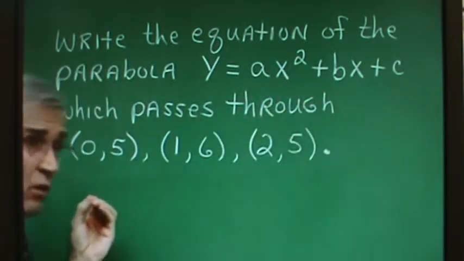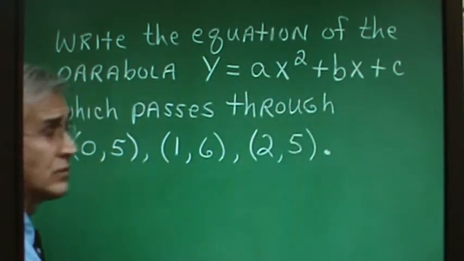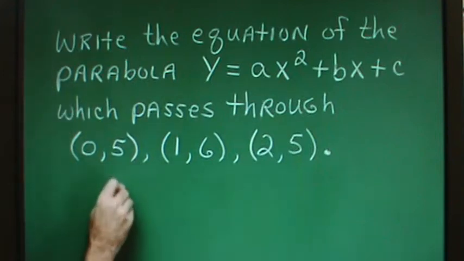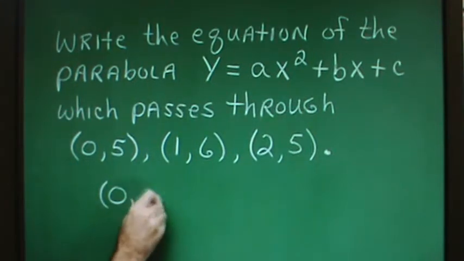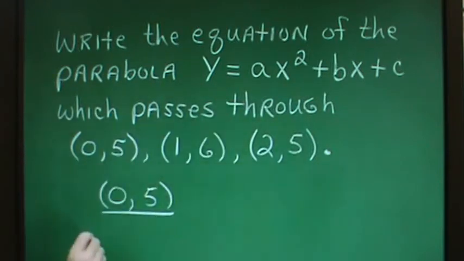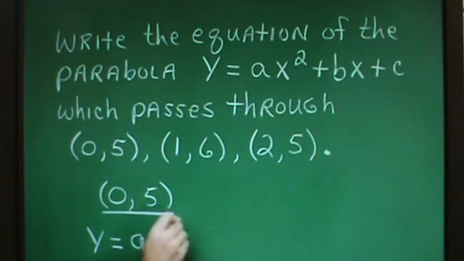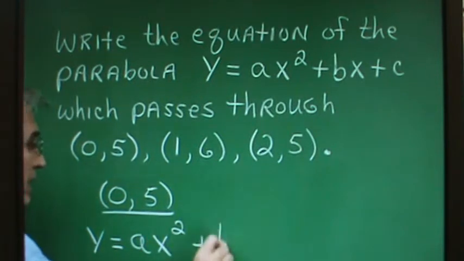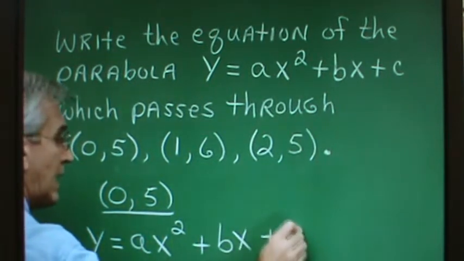So we'll have 3 equations involving 3 unknowns. Let's see. If I choose to begin with this point, then in that model I would write y equals, now I'll repeat the model here, and then make the substitutions.